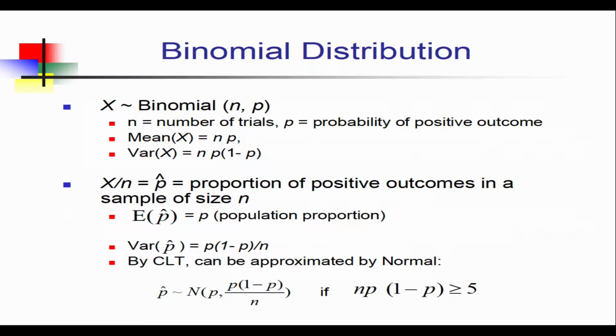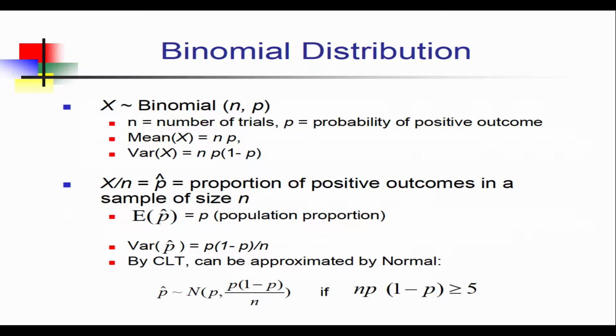So since we are talking about proportion, recall that we learned that if X denotes the number of successes from n trials, then X follows a binomial distribution with the total number of trials n and a success probability p. For this binomial distribution, we know its mean just equals the total number of trials multiplied by the success probability, and its variance is given by n times p times 1 minus p.